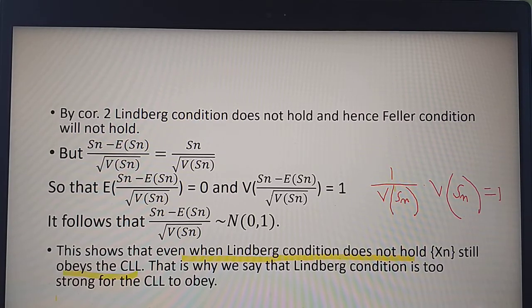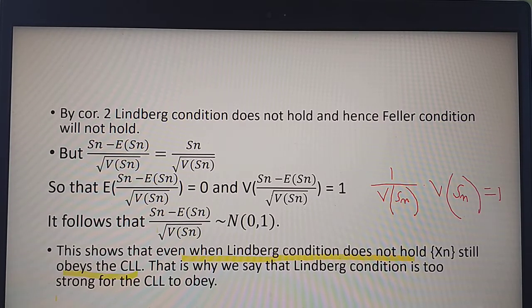Because this is the computation: 1 by variance Sn into variance Sn, which is 1. If you take the square root of variance Sn outside, this is a constant, so it will be squared, and then 1 by variance Sn will come. So it follows that Sn minus expectation Sn by square root of variance Sn is distributed as the standard normal distribution.